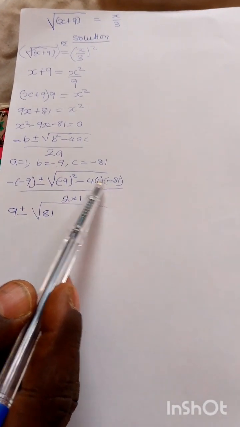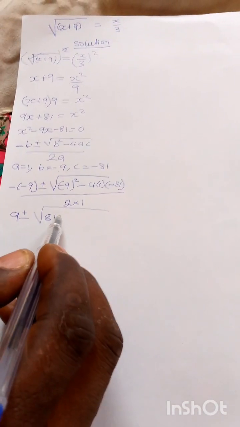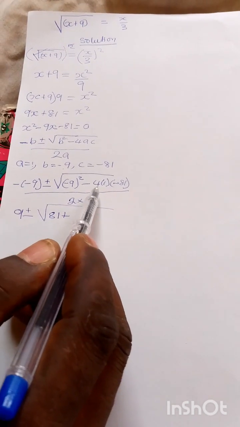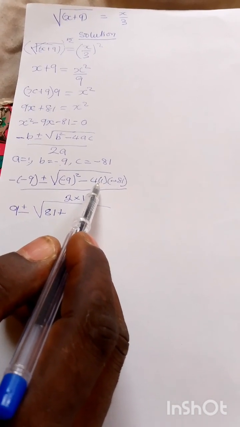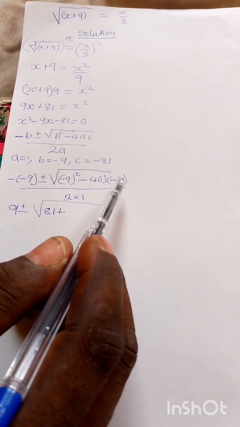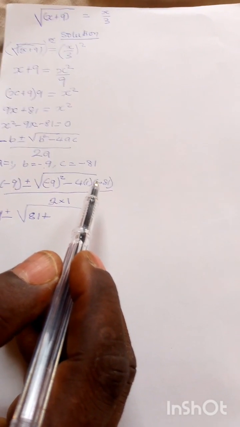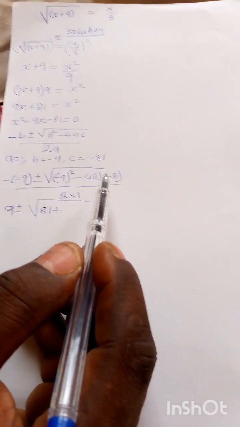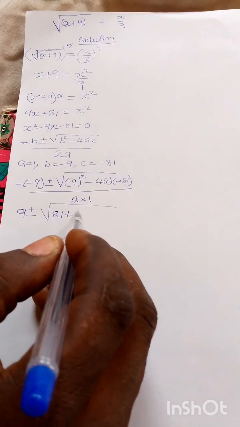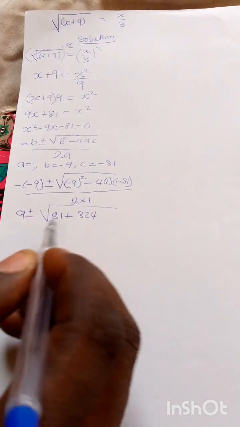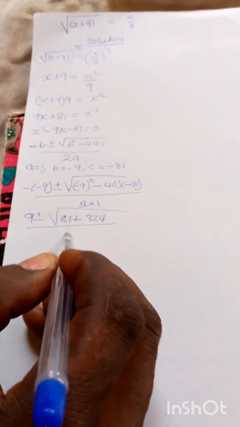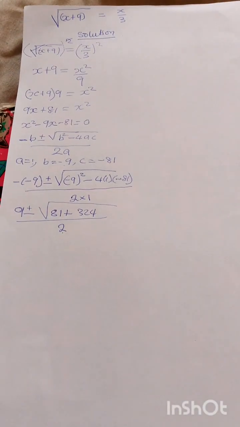So this negative sign, we change this one to plus. So we have plus here. Now 4 times 1 is 4, and then 4 times 81. When we multiply our 4 by 81, it will give us 324. So this is 324 all over 2. 2 times 1 is 2.